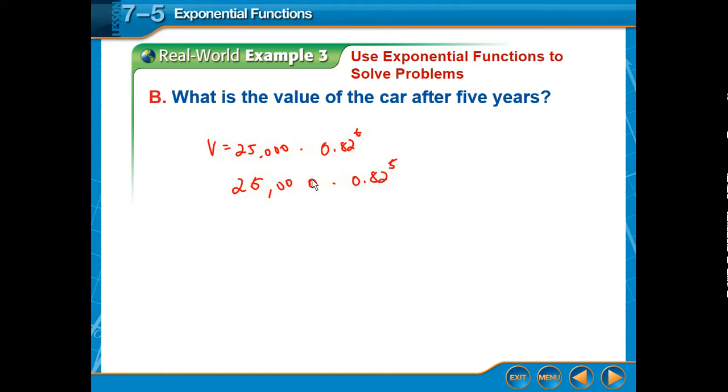So 0.82 to the fifth, and then multiply that by 25,000, and you should get 9268.5-ish. Because we're talking about money, we can say $9,268.50 after 5 years is how much that car is going to be worth.